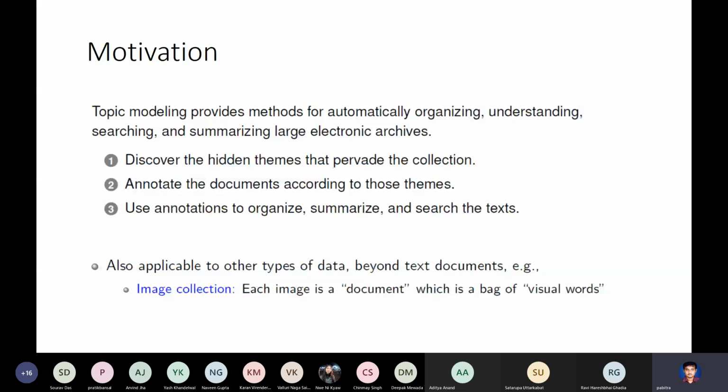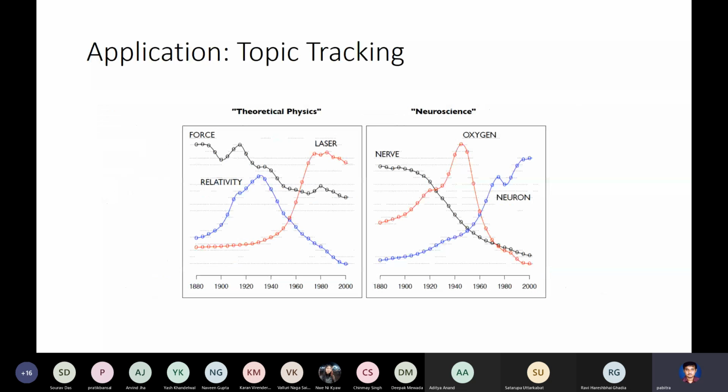So topic modeling was a very powerful technique which was applied to all types of data. And many applications were developed using these annotated themes of the documents. For example, there is something called topic tracking. So this is a track of the topics.